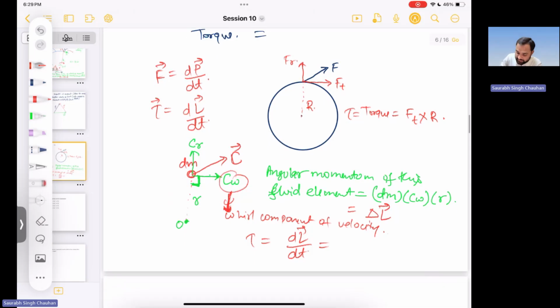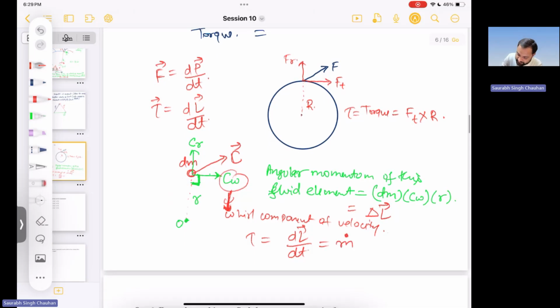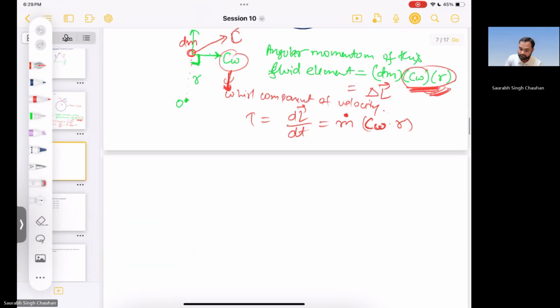So this thing will be the mass flow rate times the rate of change of CW R. So I think I should make it more clear.